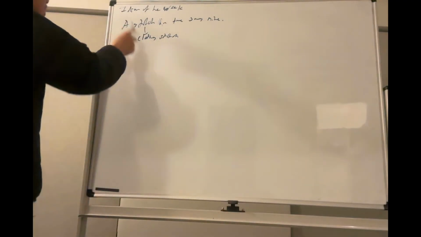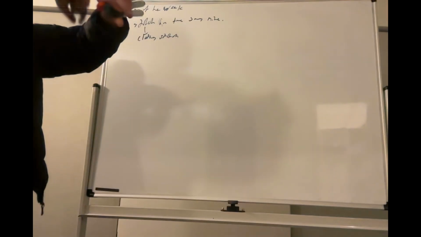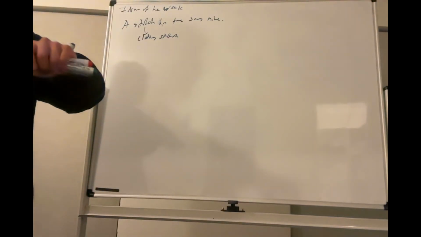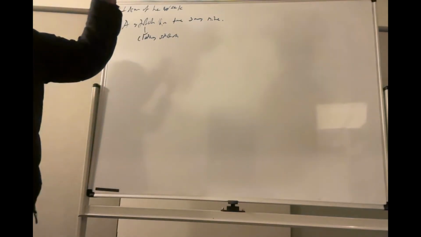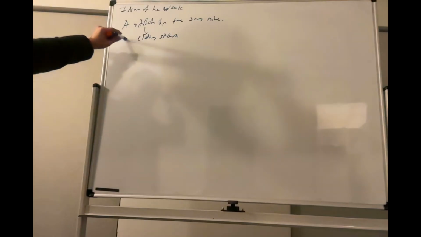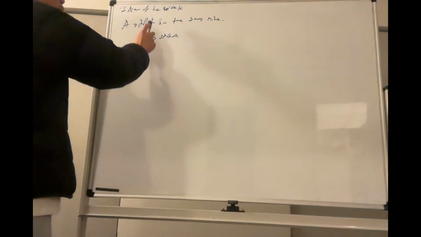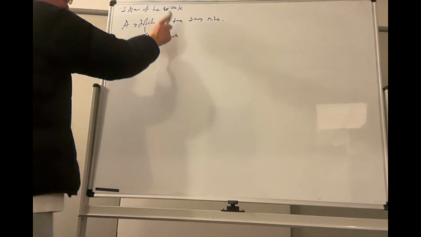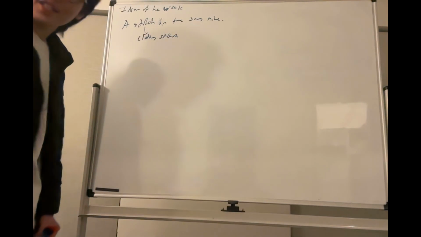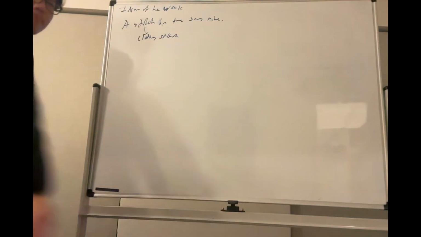But if you don't, a stitch is like a piece of thread that you put through a hole in skin or a hole in clothing in order to patch it up, like to close the hole. What this saying means is that if you do one stitch while the hole is still small, it will save you nine stitches in the future because the hole will be much bigger if you don't stitch it up now.